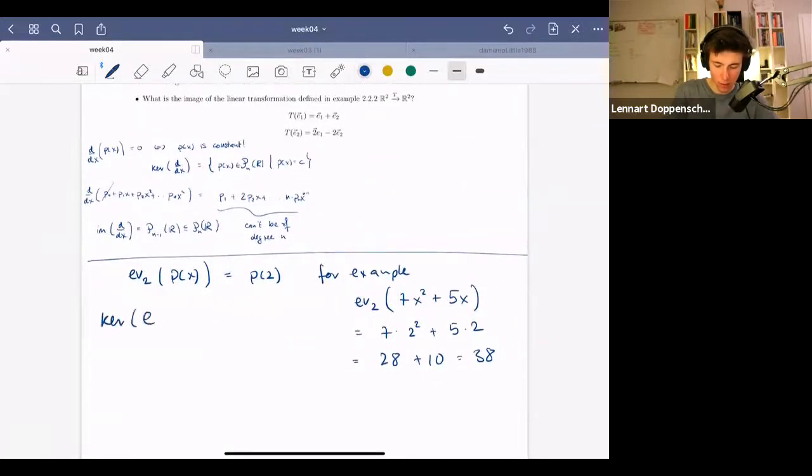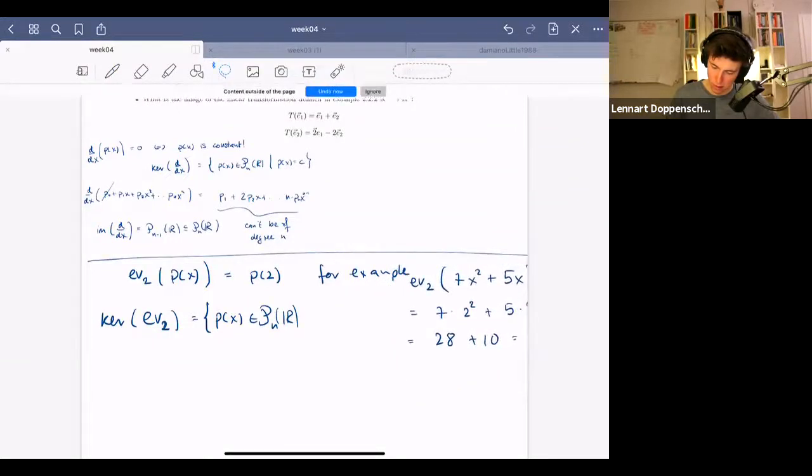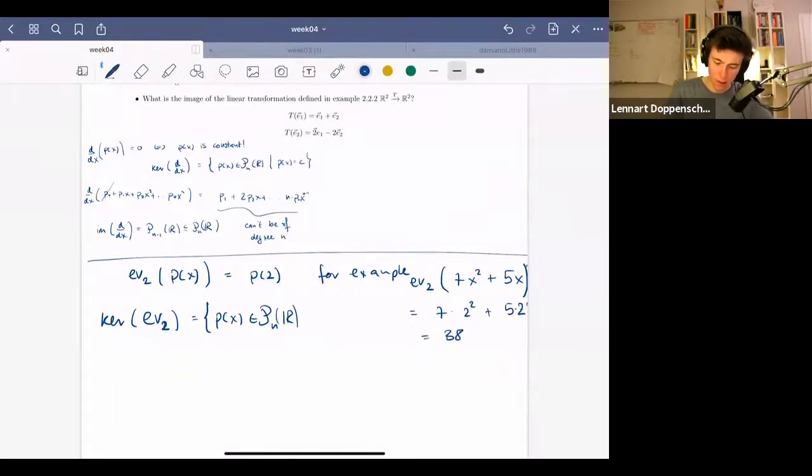The kernel of the evaluation map at 2 is by definition, and now we're using the set notation, first of all, all the polynomials inside P_n(R), but now the condition is that they have to be sent to 0 by our transformation.